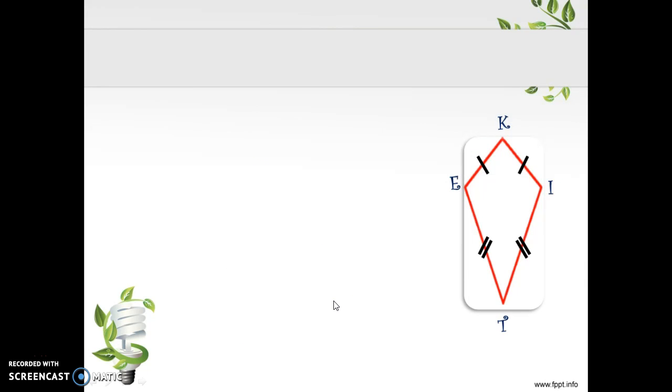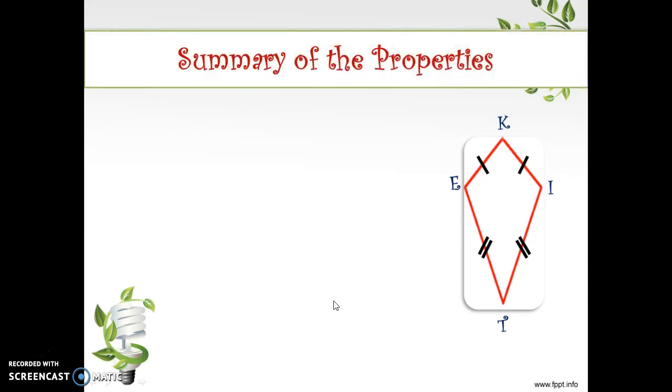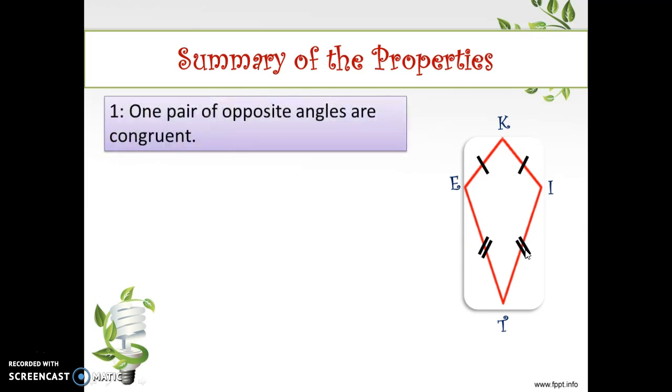So now, let's summarize the properties of a kite. It's a kite because we have two pairs of distinct adjacent sides congruent. The first pair and the second pair. Now, the first property states that one pair of opposite angles are congruent.